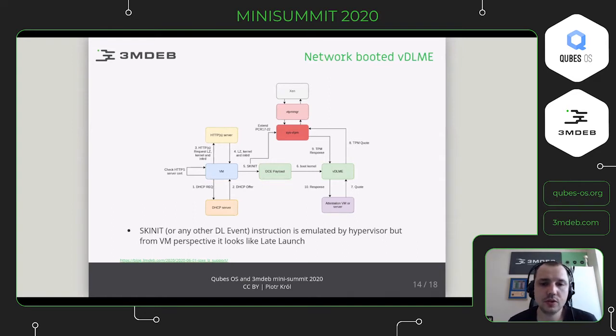But if we do this in a dynamic way, we can create a virtual dynamic launch measured environment and use the whole benefits that I explained before. So for example, we're executing this SKINIT. If this instruction is emulated by the hypervisor, then we can extend our virtual TPM PCRs.